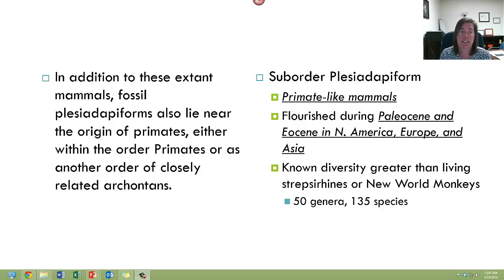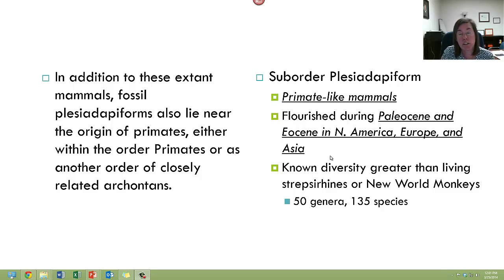In addition to these extant mammals, fossil plesiadapiforms also lie near the origin of primates, either within the order Primates or as another order of closely related archontans. The plesiadapiforms, as I noted, constitute a group of primate-like mammals. These species really flourished during the Paleocene and the Eocene in North America, Europe, and Asia.